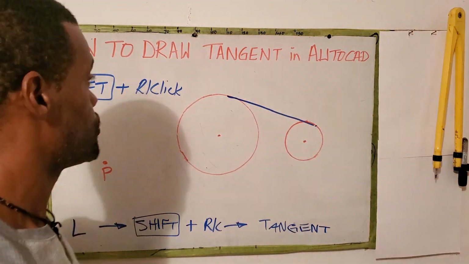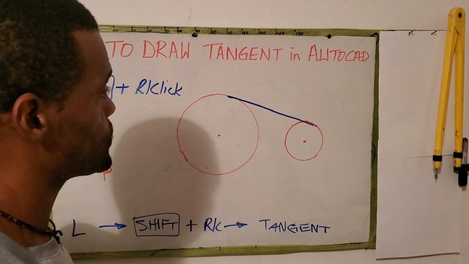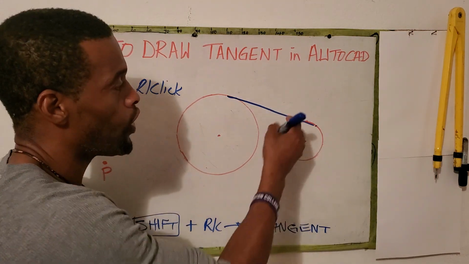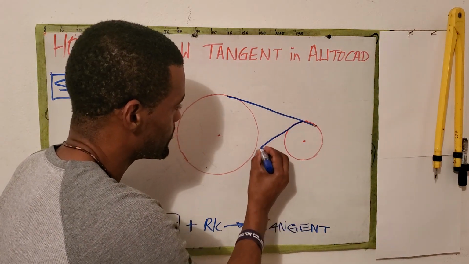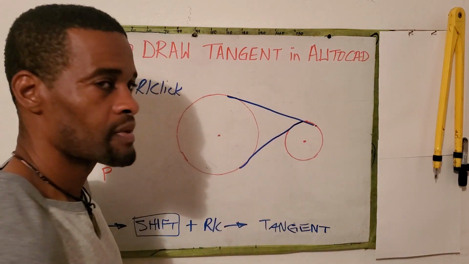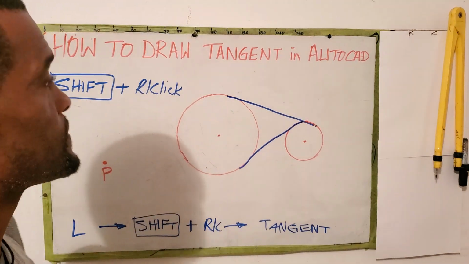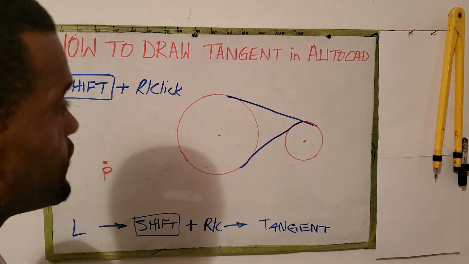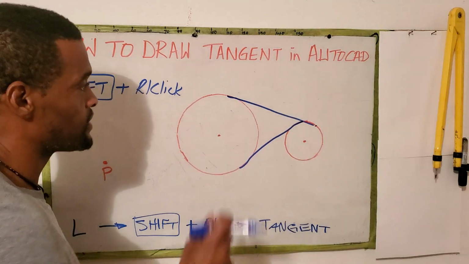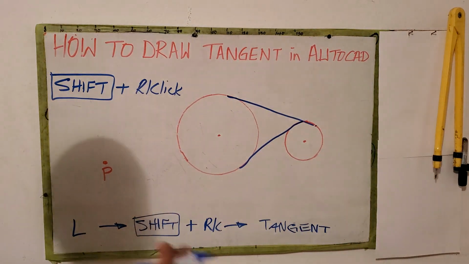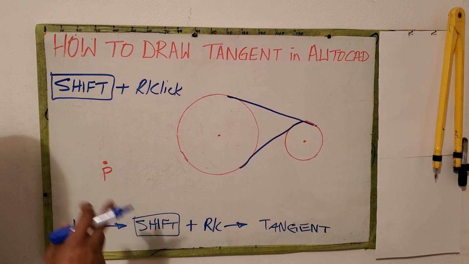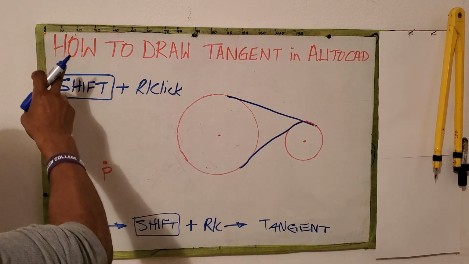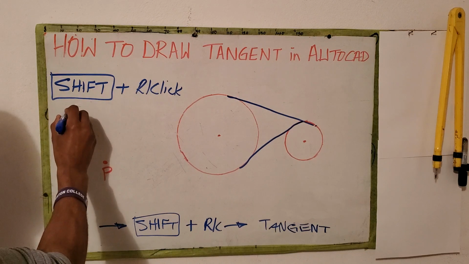Okay. Now, what if you wish to draw an internal tangent? Same principle applies. If you wish to draw an internal tangent, again, we activate the line command, L enter or click onto the line icon.